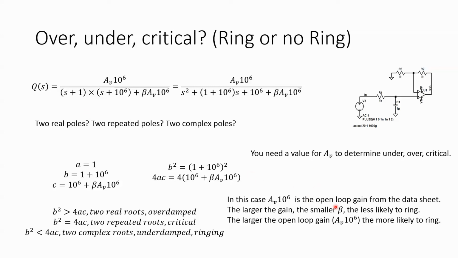The larger the gain, the smaller beta. So the smaller beta, right, it reduces this term, and so it'll be more likely not underdamped.